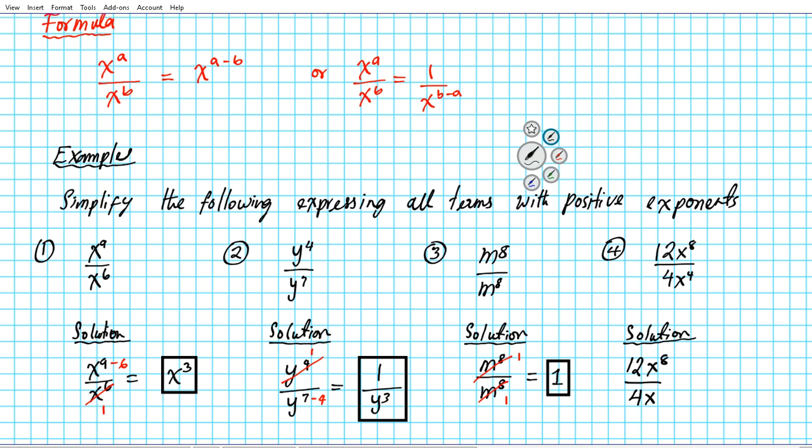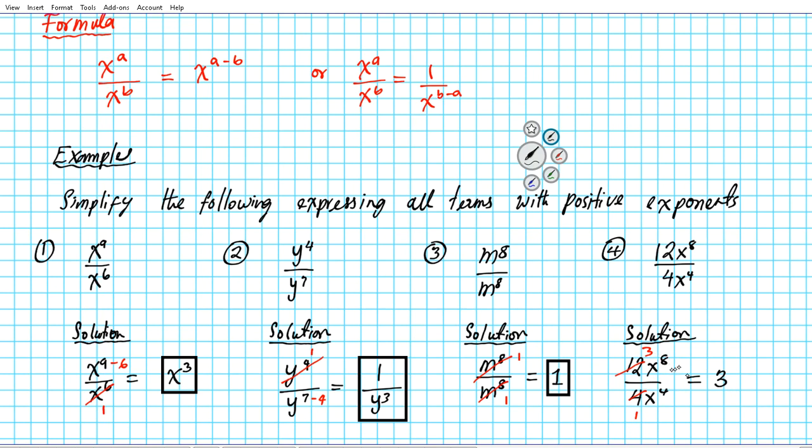We're going to divide 4 and 12. We know that 4 goes into 12 3 times, so divide the top and bottom by 4. If you divide the bottom by 4, you get 1. If you divide the top by 4, you get 3. That is the greatest common factor. Okay, so bring down the 3. And then for the variable, look at the x's. Which one has more power, the numerator or the denominator?